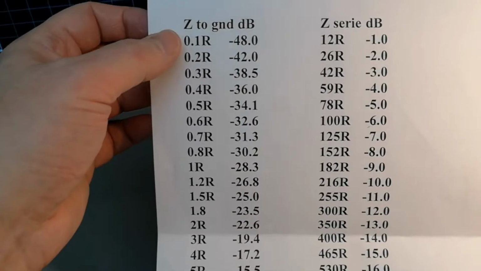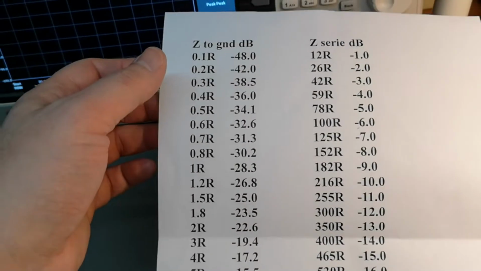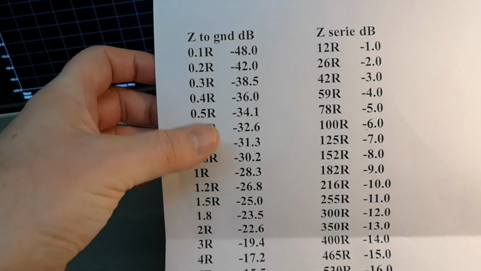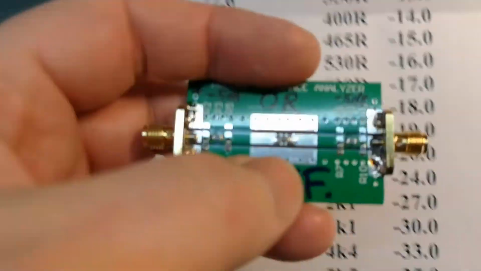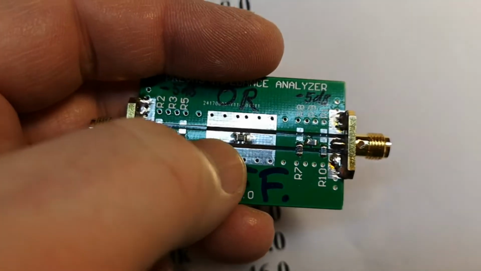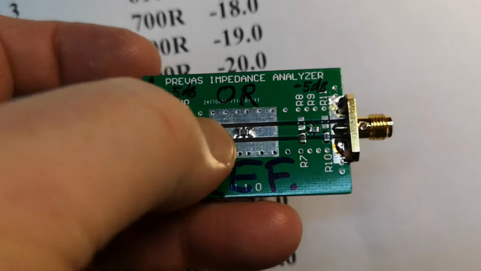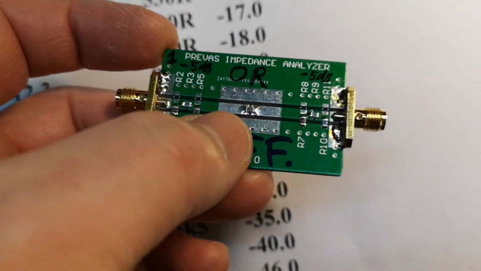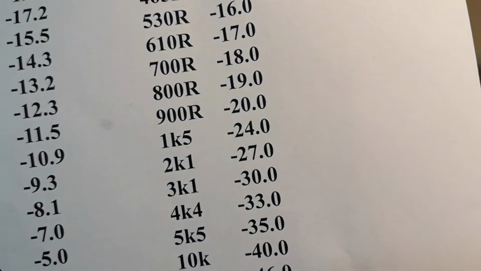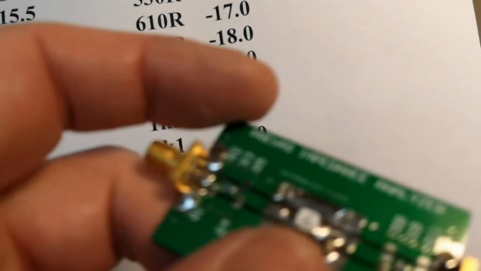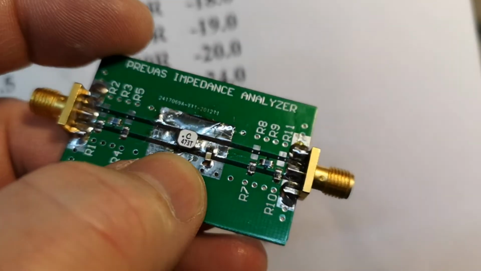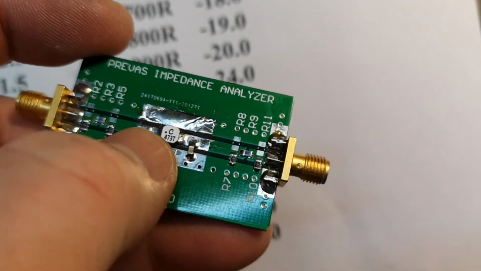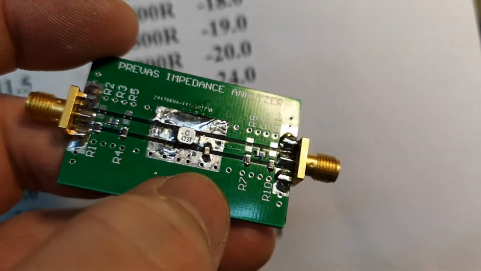Obviously, if you want to measure inductors, you want to put the inductor in series with the signal and not to ground, right? So that is when you remove the 0 ohm resistor here in the middle and put in your inductor of any type you want to measure. And this could also be a filter, not just an inductor like this, but a combination of an inductor and a capacitor. And this is where the real fun begins.